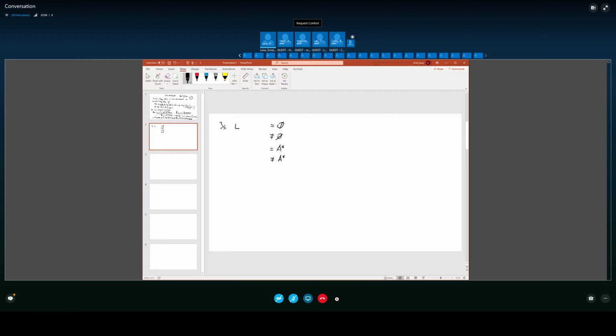So these are basically 4 different questions. And now let's assume that L is recursive, or L is RE but not recursive.